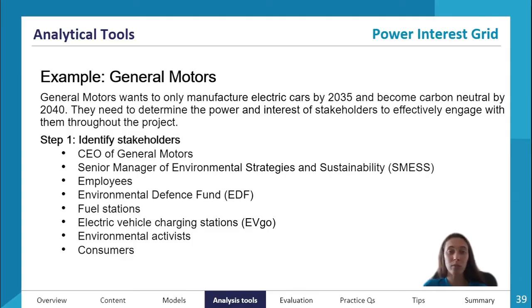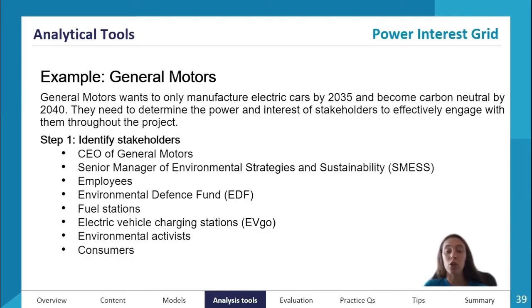So step 1, you need to identify the stakeholders. So it's going to be people who are internal and external to the organization. Everything from your CEO to your head of sustainability to general employees, and then other organizations and other individuals.